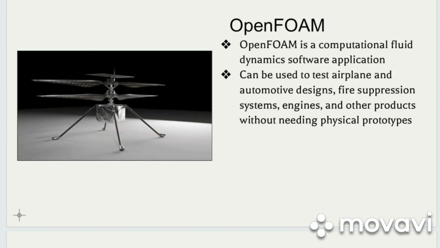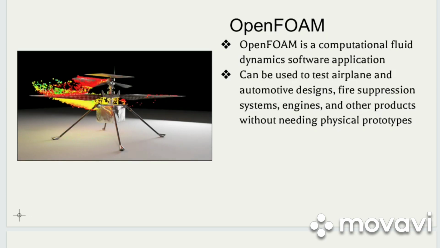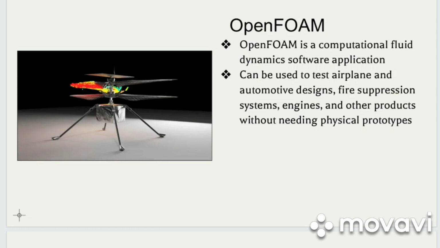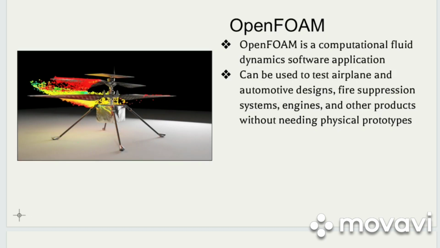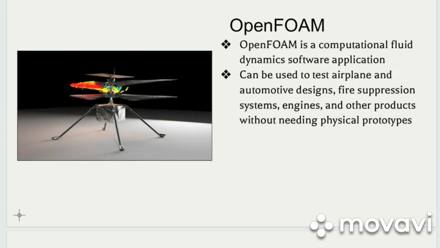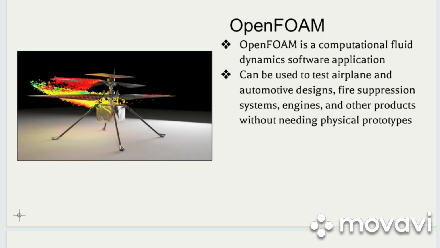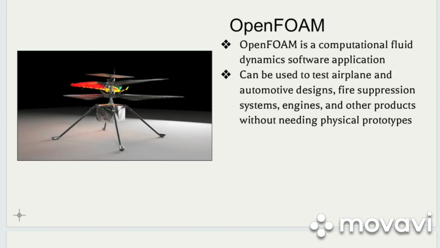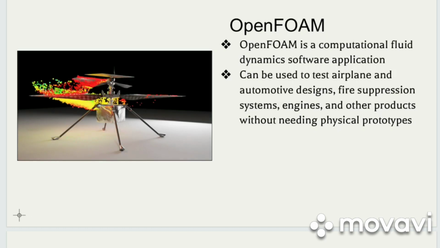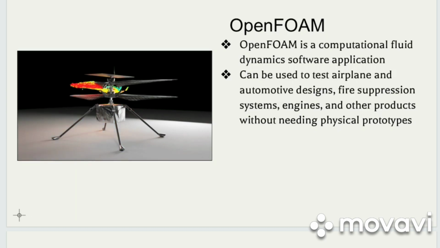Because there are gases, you have to find out what the thrust will be and other things, and it helps a lot. Now in this small video, you can see that the blades are rotating into the air. So how the fluid is acting around it, we can simulate that here.